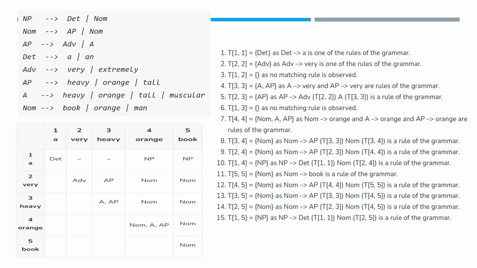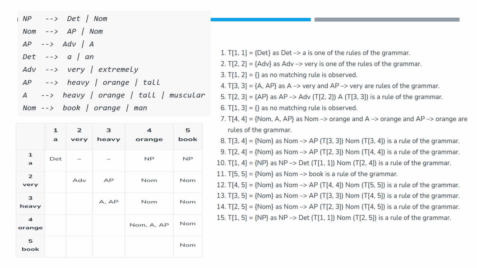So here are the steps written for how your table is being filled. Because there's no matching here, these cells are left blank. You can see T33 and T34 are combined to get the nominal. You can see this cell, T24. How is T24 filled? T24 is filled by nominal as AP and the nominal.